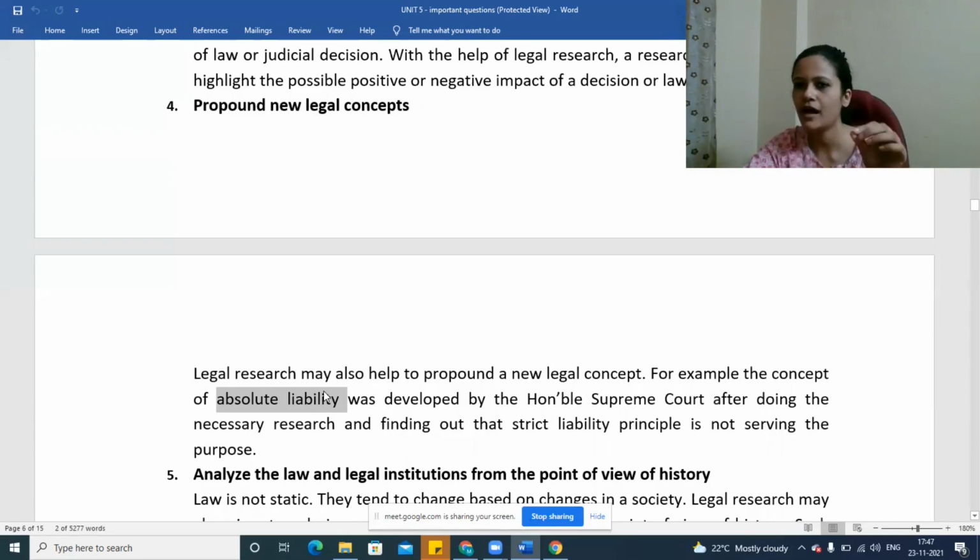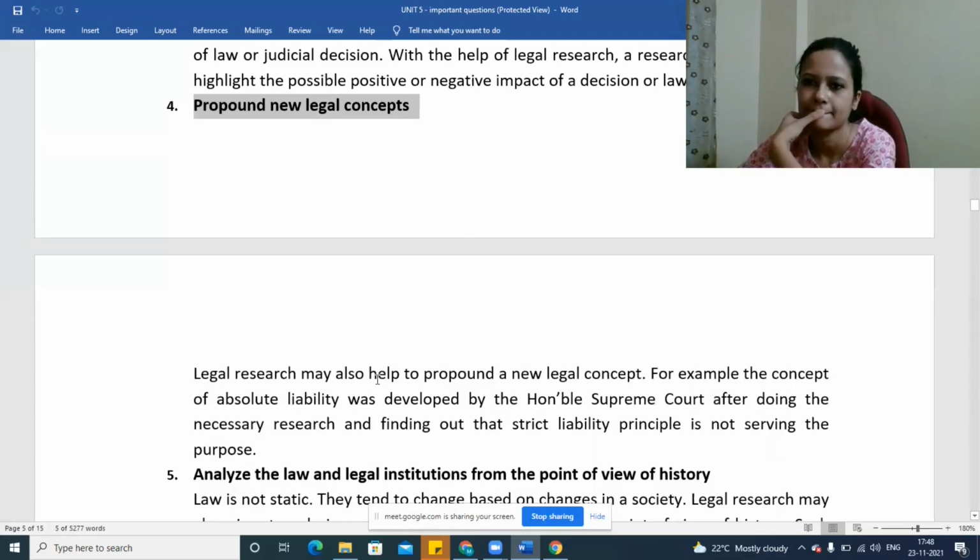If from your house, water is escaping to your neighbor's house, you will be held liable no matter what. That means it is an entirely new legal concept that was developed. Is it clear? Yes.